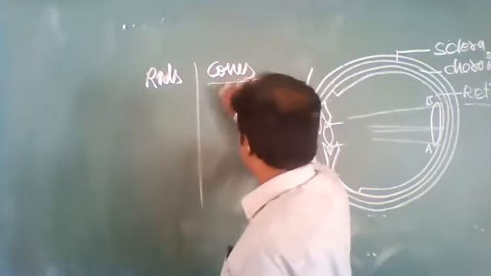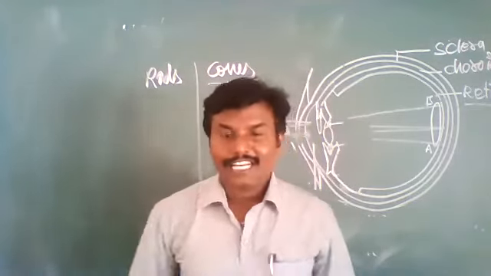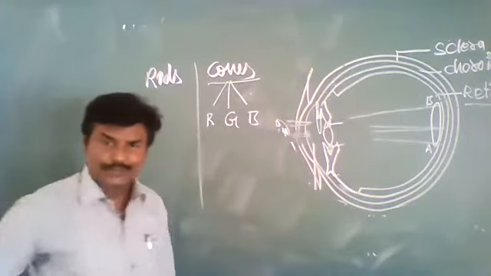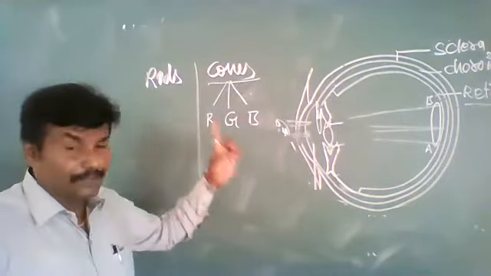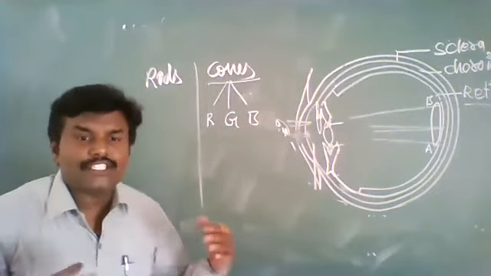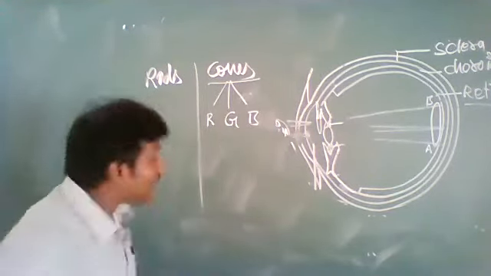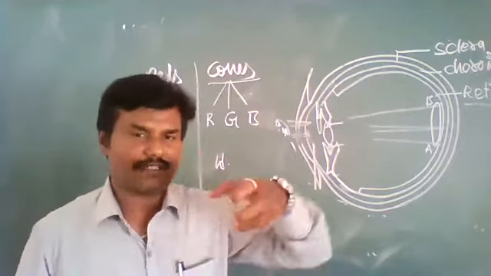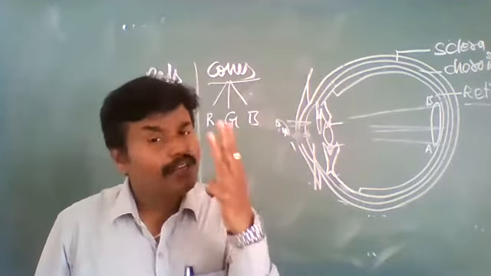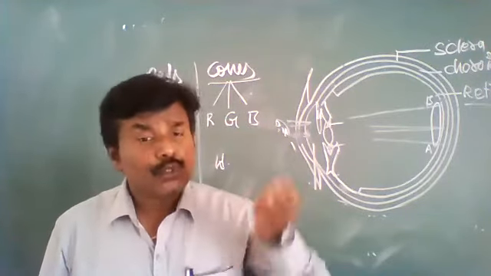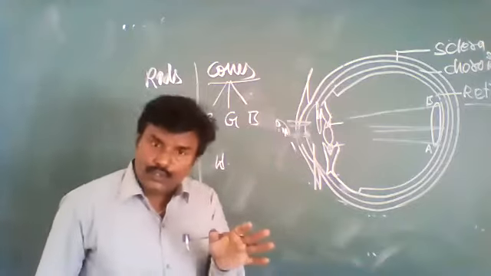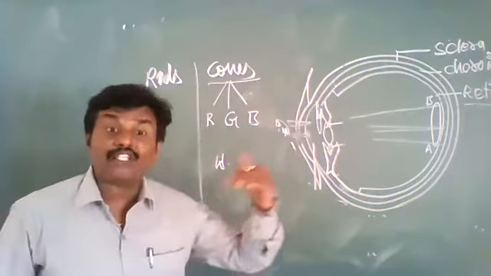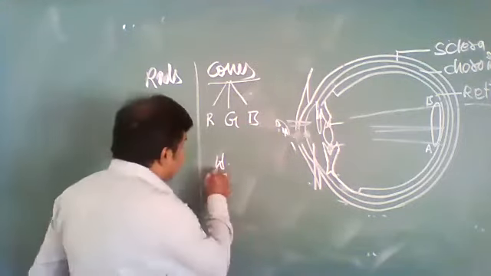In the cones, 3 types are there: red, green and blue color cones. Listen carefully, key point. When a nerve impulse occurs, these 3 types of cones are equally stimulated and help us to see white color.